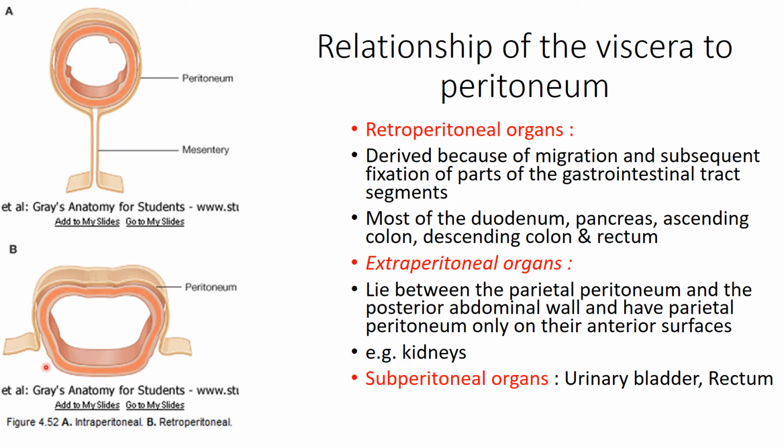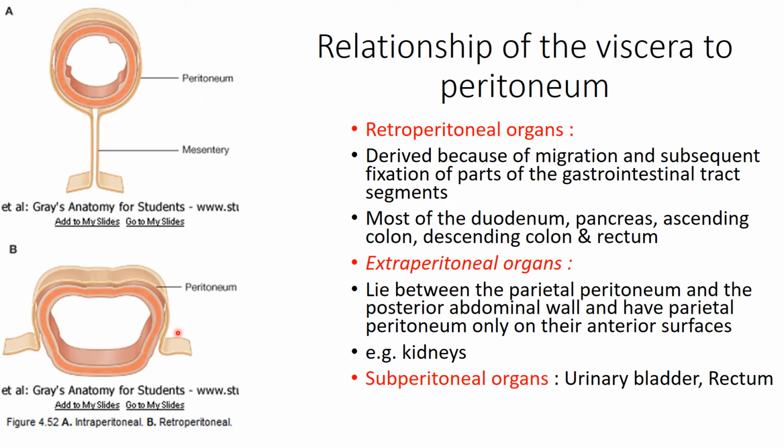Finally, the parietal peritoneum in relation to the posterior abdominal wall is resolved during the developmental process, and the organ is fixed to the posterior abdominal wall, being covered only anteriorly by the visceral peritoneum, like the pancreas, which was originally covered all around by the visceral peritoneum, but after migration and subsequent fixation, it is fixed. This is secondarily retroperitoneal.